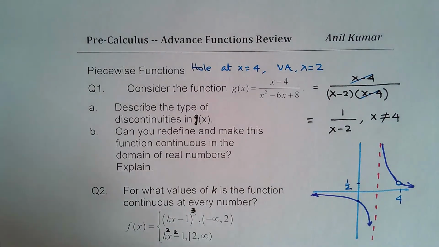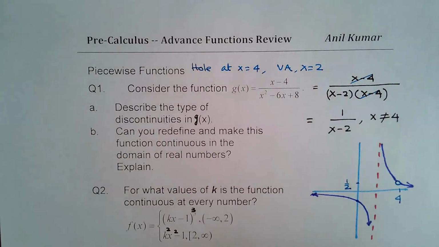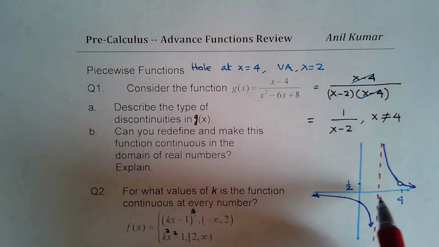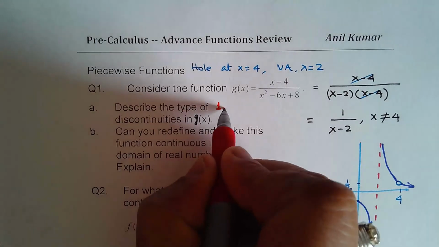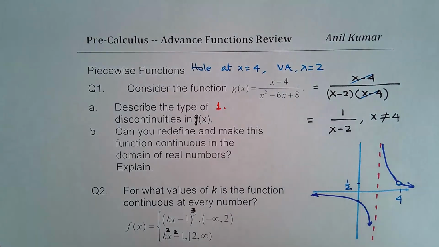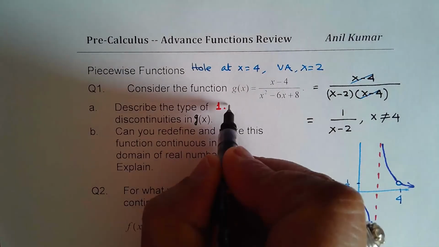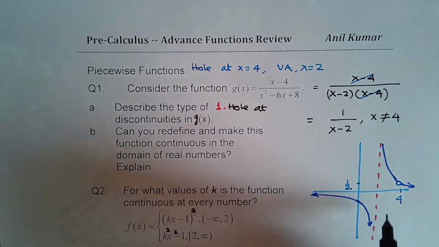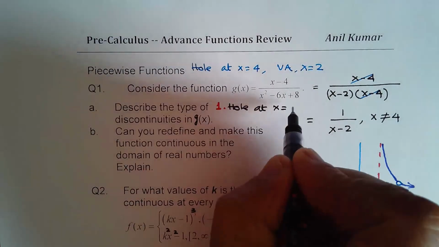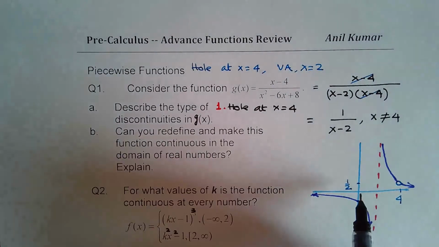So now from here, we can describe the discontinuities, right? So we have two discontinuities here. One of the discontinuities is a hole at x equals 4. This is one type of discontinuity. Y value is half.